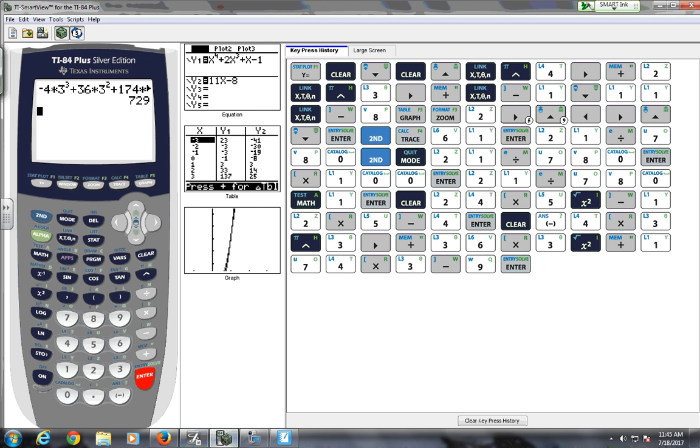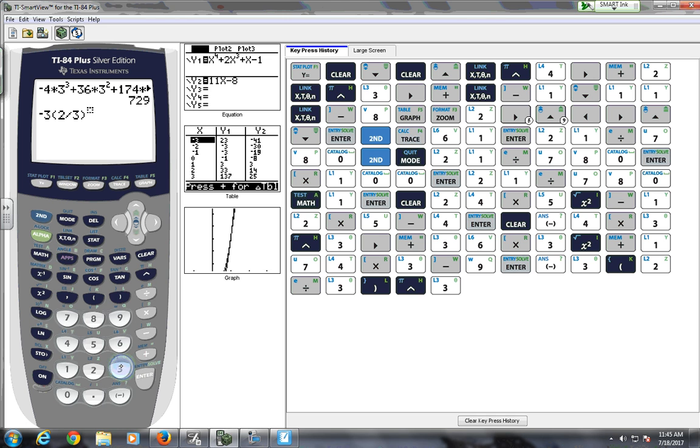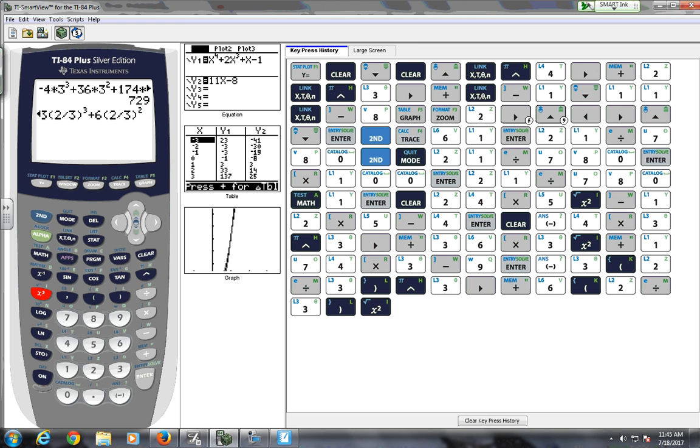There it is. So we have negative 3 times 2/3 raised to the third power plus 6 times 2/3 squared minus 4 times 2/3.